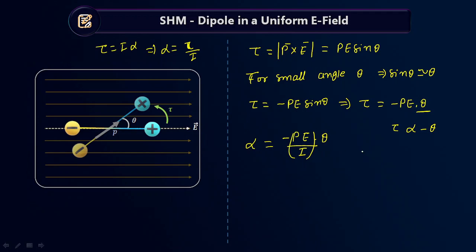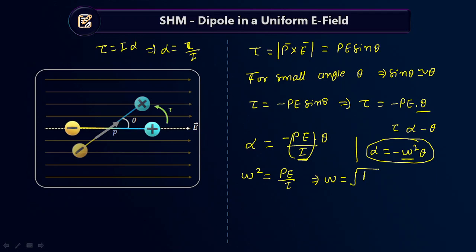Now, in standard SHM, alpha equals minus omega square theta. So we can compare with it, since we want to find the time period of SHM. Here, omega square is equal to PE divided by I. So omega equals root under PE divided by I.